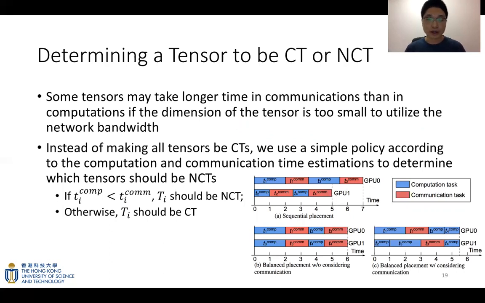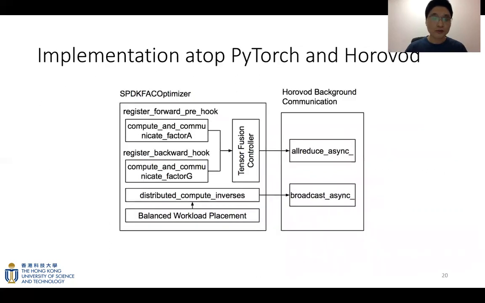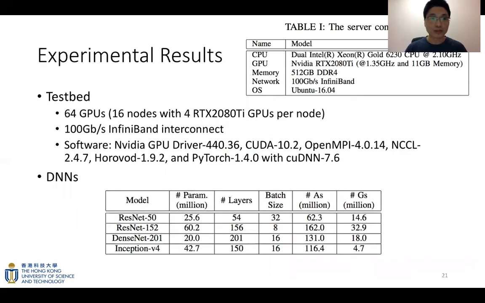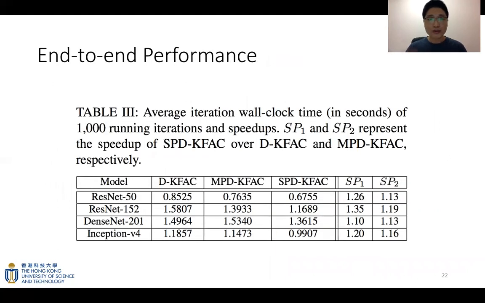We built our prototype system on top of PyTorch and Horovod. We conducted our experiments on a 64-GPU cluster connected with a 10 gigabit InfiniBand network. We measured our performance on four popular convolutional neural networks. This is the end-to-end performance comparison.